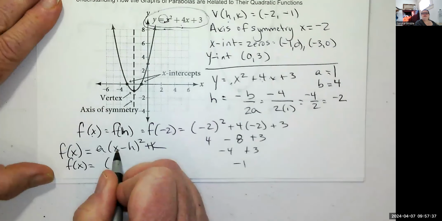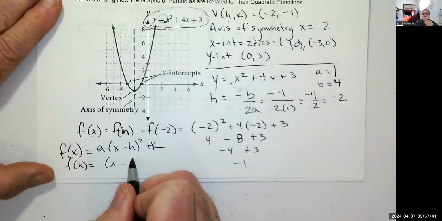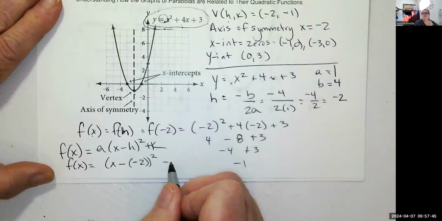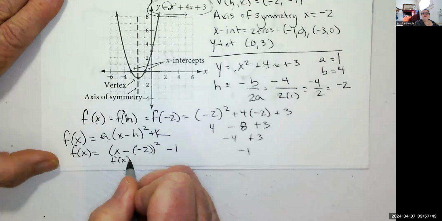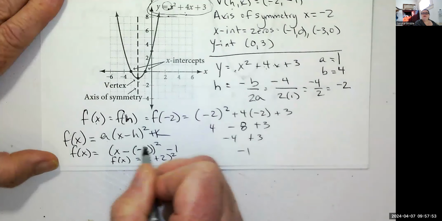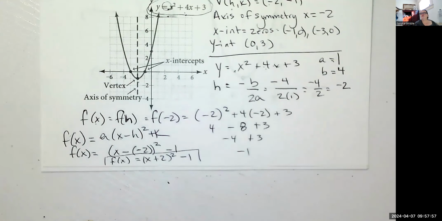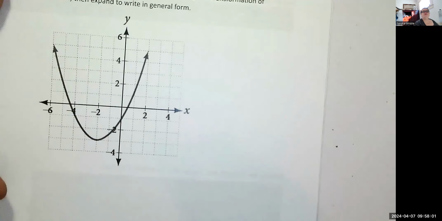And then x minus, what is our h? -2, squared, and then k is -1. Clean this up. Please don't leave it like this. And then that is what your vertex or standard form looks like. Let me know what questions y'all have as we do this.